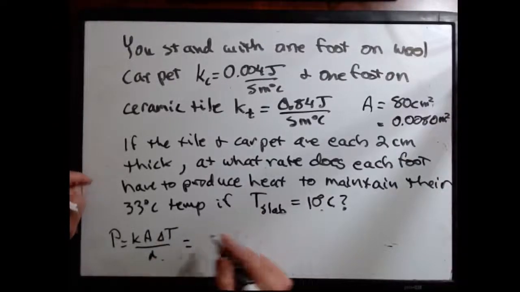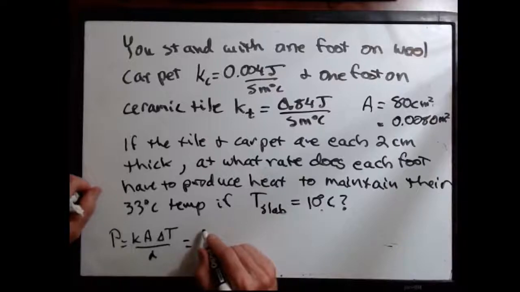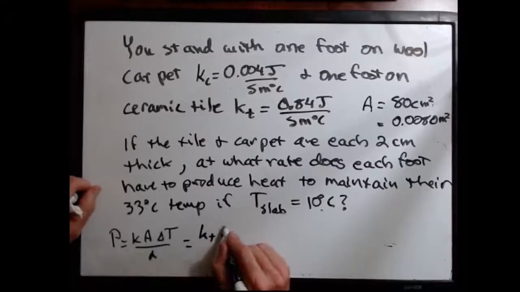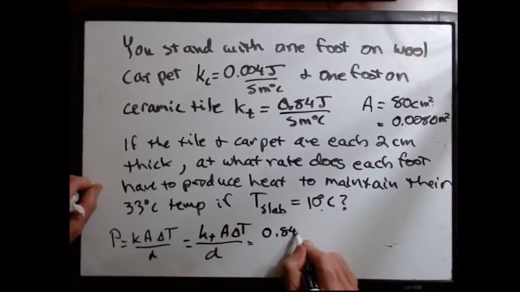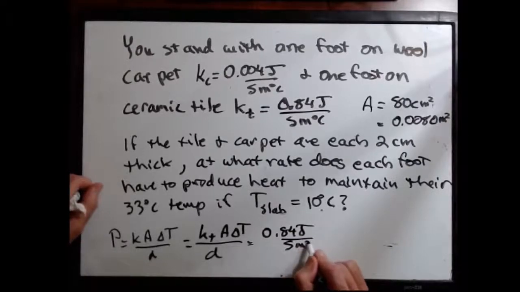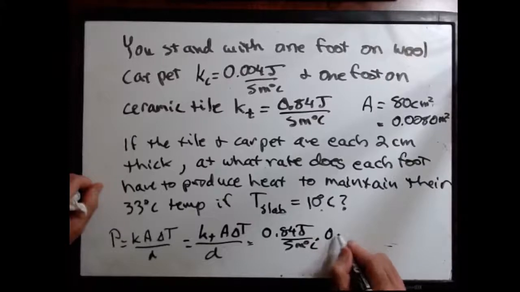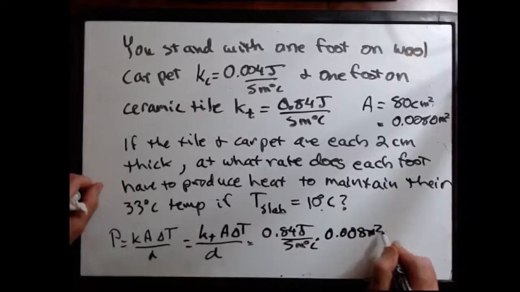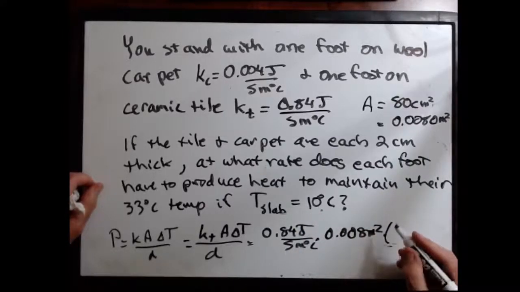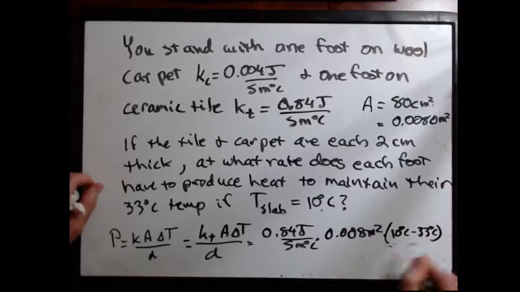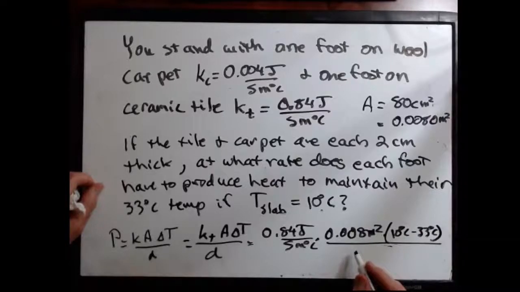If I do the ceramic tile first, I do K tile A delta T over D, and that's 0.84 joules per second meter degree C times 0.008 meters squared times the temperature difference, which is, if I do out minus in, it doesn't really matter, 10 degrees C minus 33 degrees C, all over the thickness, which is 0.02 meters.